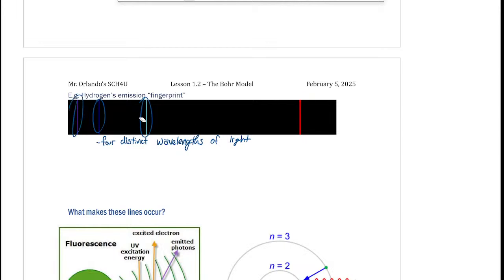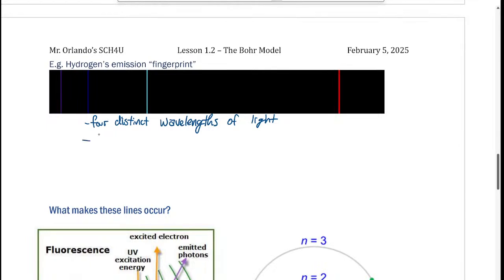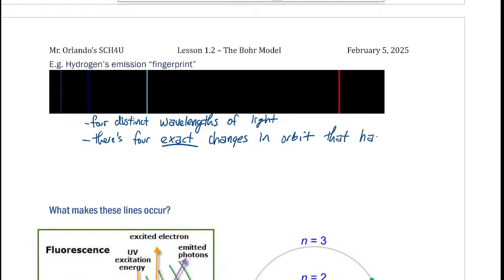And the fact that those perfect emissions are very consistent means that there's 4 exact changes in orbit that happen with hydrogen's electrons.